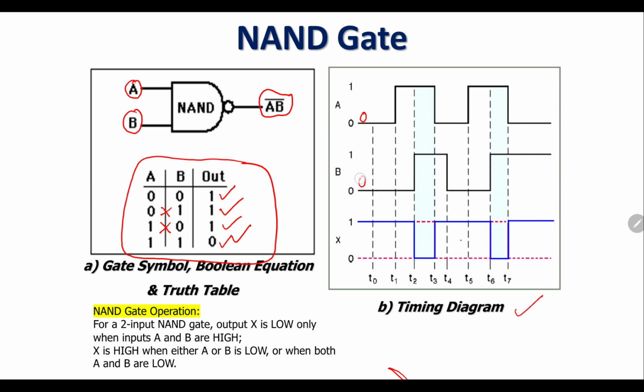If you have 0, 0, so look here. 0, 0 is 1. 0 times 0 is 0, invert 1. 1, 0 is 1. 1, 1 is 0. 0, 1 is 1. 0, 0 is 1. 1, 0 is 1. 1, 1 becomes 0. 0, 1 becomes 1.